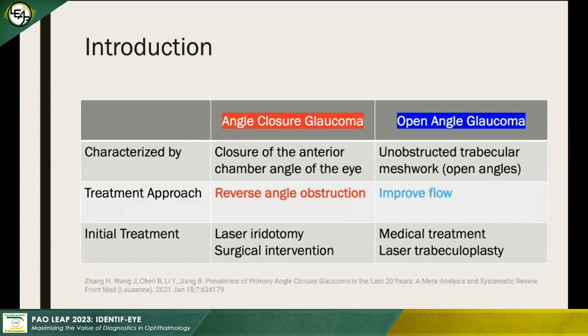So here we have two broad categories, right? We have the angle closure patients and the open angle patients. Angle closure glaucoma, we have an obstruction of the angles, and usually your initial approach would be to reverse this angle obstruction, whereas in your open angle, your intent is to improve flow, usually with laser treatment or medical treatment.